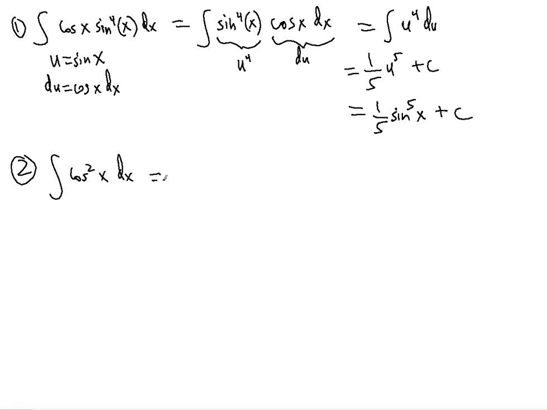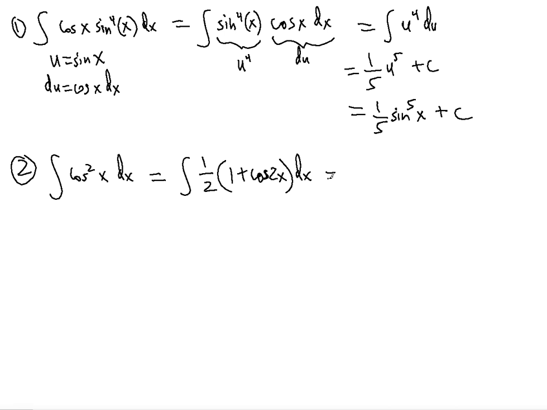However, you can write this cosine squared x using the half angle formula, which is 1/2 times 1 plus cosine 2x dx. Okay, so this is the half angle formula for cosine squared x.